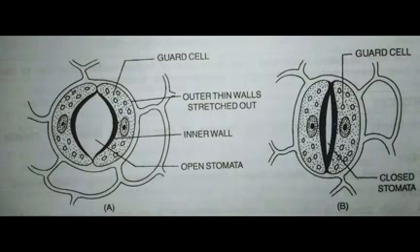This produces a force that pushes water in the upward direction. Okay? Now, transpiration from the surface of the leaf also produces a pulling force which causes the water to move upward.